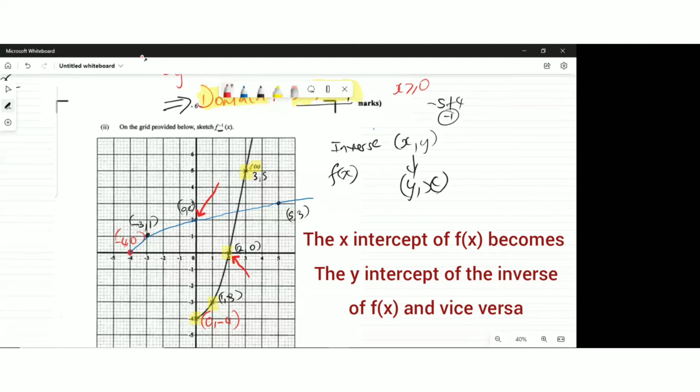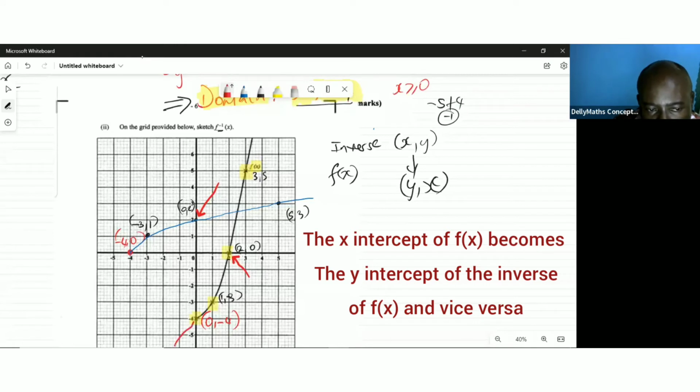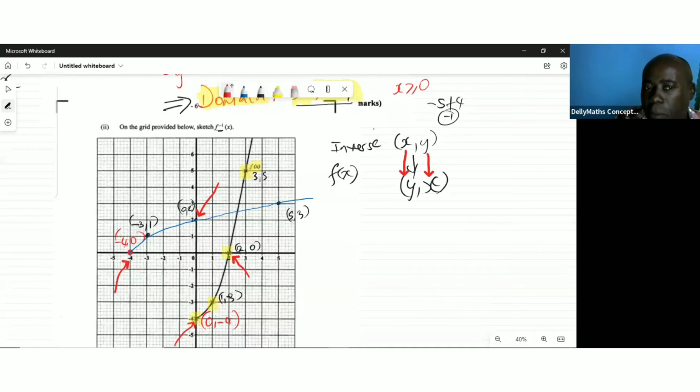Yes, sir. The inverse, all right, look at the original graph. The y-intercept is -4. And for the inverse, the -4 comes on the x-axis. So it's really flipped, as I was saying. This is the concept. If you understand that, you could just plot back all the points by doing the reverse of it.